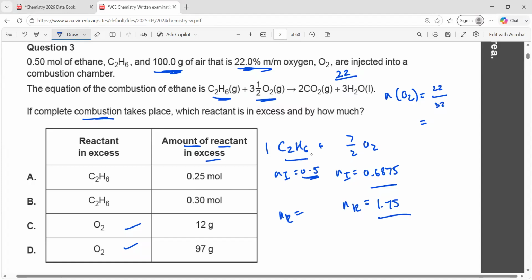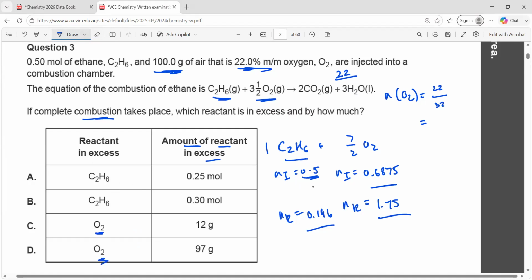I would just need 2/7, so I just times by 2 divided by 7. So it'd be 0.196 moles of C2H6. Oh, so maybe the entire idea of this question is that we don't assume that O2 is going to be in excess.